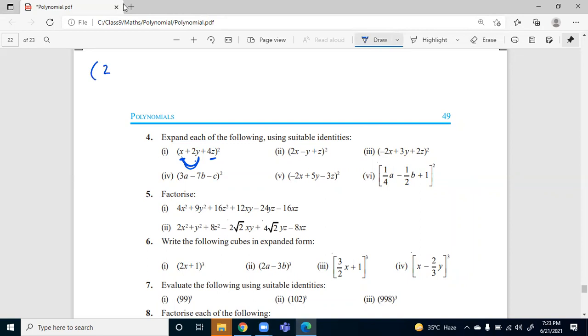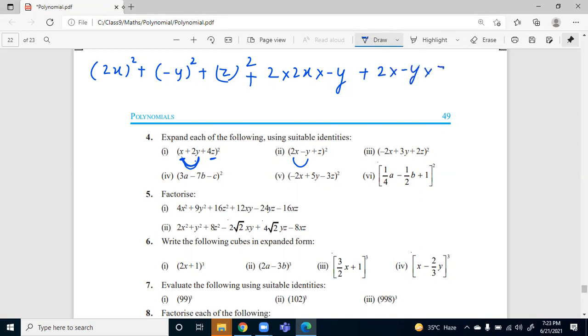So what is the first way? I have to square each and every term. So minus y, I have to square it, z square. Now I will be multiplying with 2: plus 2 into 2x into minus y, then plus 2 into minus y into z, plus 2 into z into 2x.